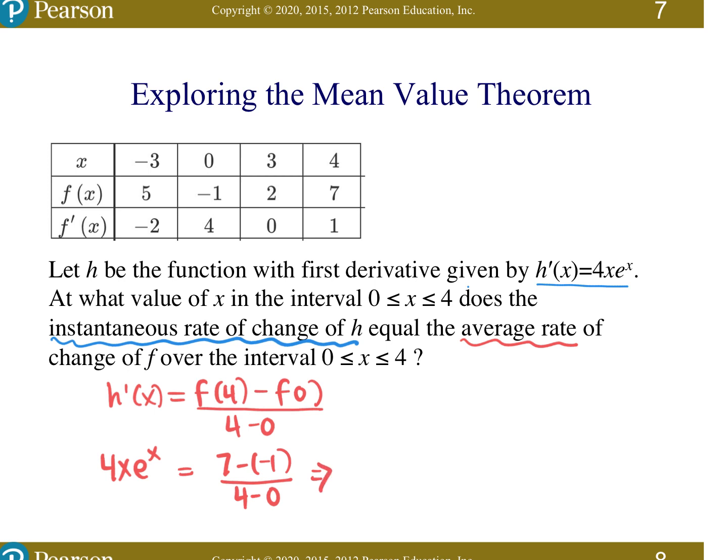So that implies that 4x e to the x is going to be equal to 8 over 4, or 2. And we can simplify that by dividing both sides by 2, but I don't know that that's going to help, you know what, I'll do this. 4 e to the x minus 2 should be equal to 0.